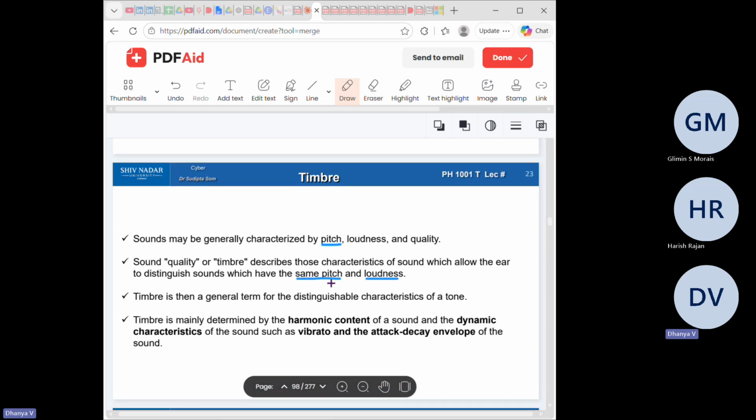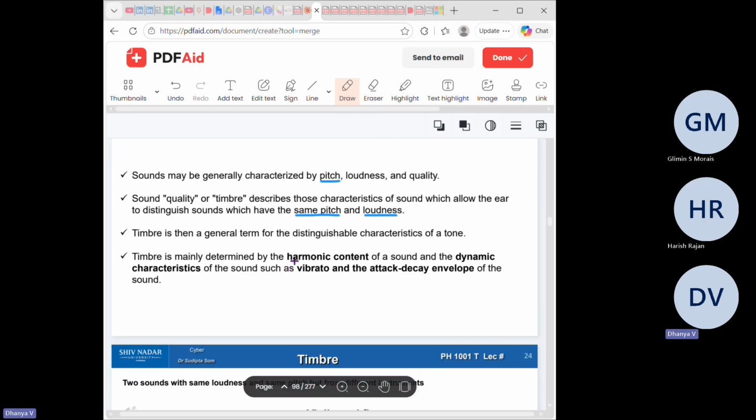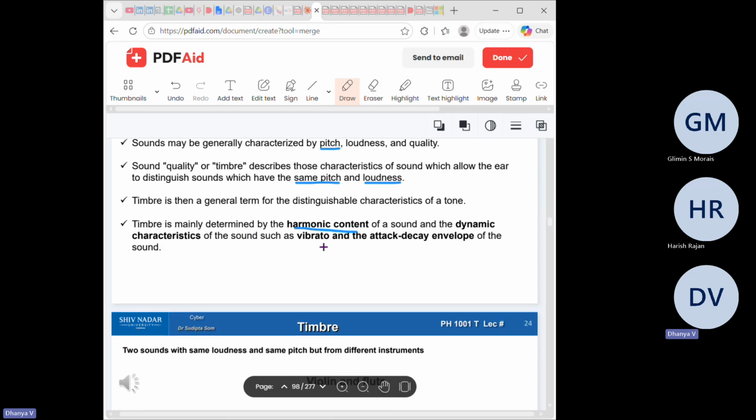Same pitch, same frequency that we follow, and same loudness also, what is the differentiating factor? The sound quality, the timbre, is the differentiating factor. It's mainly determined by the harmonic content of the sound. Okay. So it's based on the vibrato and the attack decay envelope.